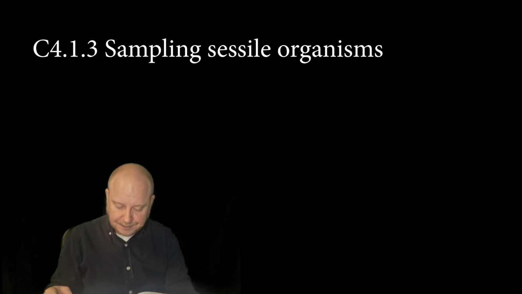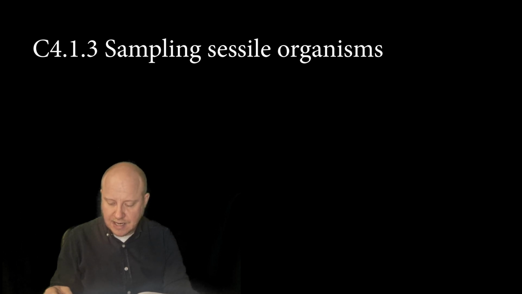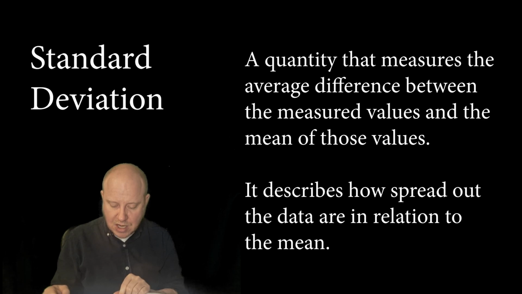C4.1.3 Random quadrat sampling to estimate population size for sessile organisms. Both sessile animals and plants, where the numbers of individuals can be counted, are suitable. Application of skills. Students should understand what is indicated by the standard deviation of a mean. Students do not need to memorize the formula used to calculate this.